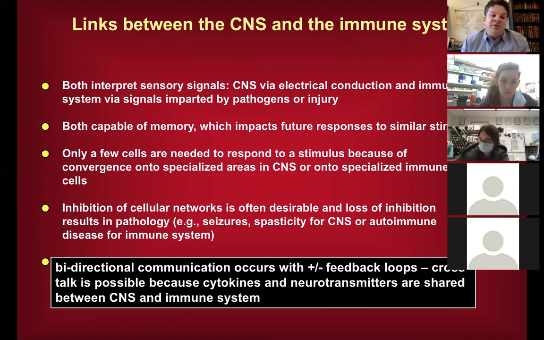Inhibition of cellular networks is often desirable, or loss of inhibition results in pathology. So there's a lot of overlap between the systems, but the one I think is really important for the course is this last one: communicating at a cell level and bidirectional communication set up by these positive and negative feedback loops.